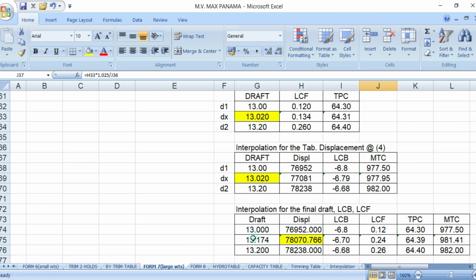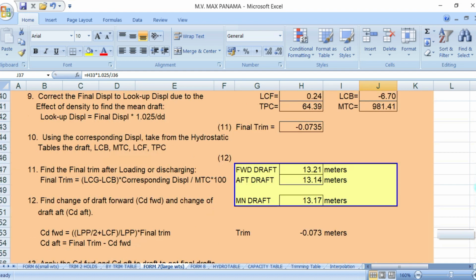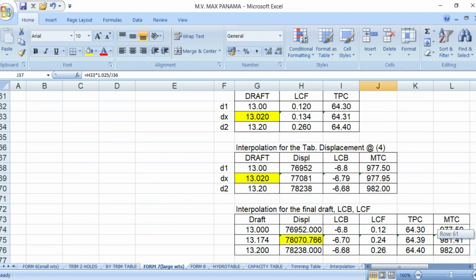You will get this interpolation of 13 meters and 13.20, so it is in between these two entries in the table.